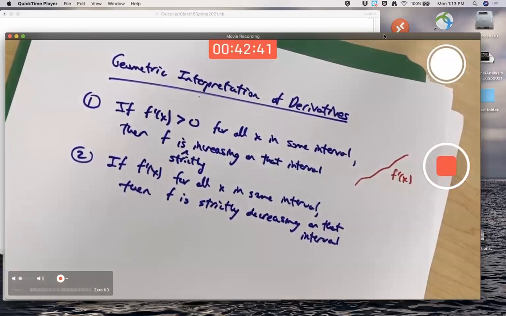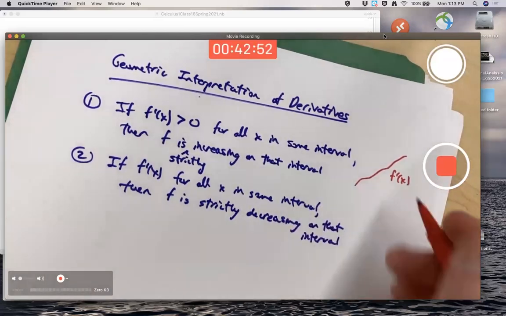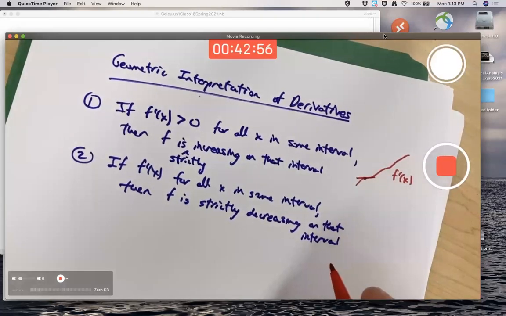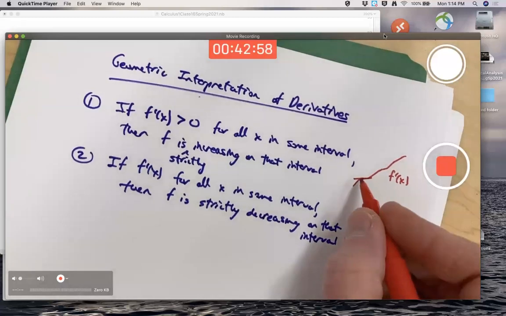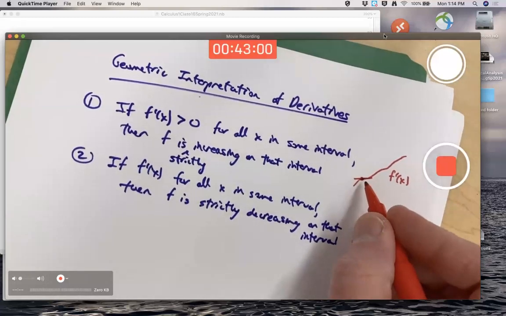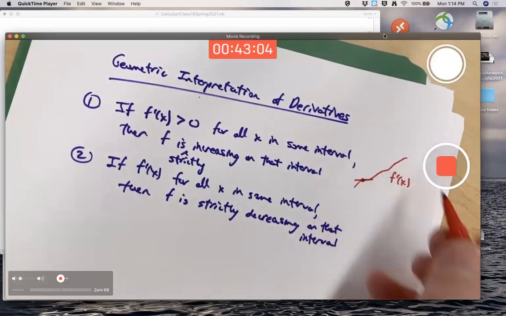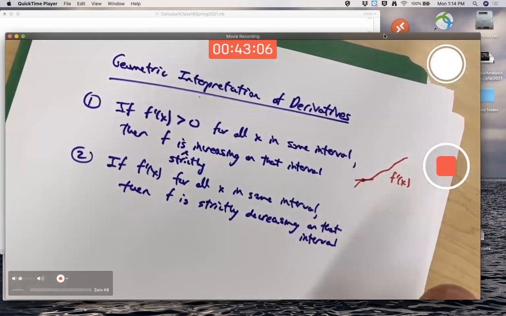Intuitively, because the slope of the tangent's always positive, and the tangent line at any point is a really good approximation to the graph at that point. So at any point, I've got a positive slope tangent. The graph looks a lot like the tangent line near that point, and since that tangent line has a positive slope, the graph of f is going to be increasing.